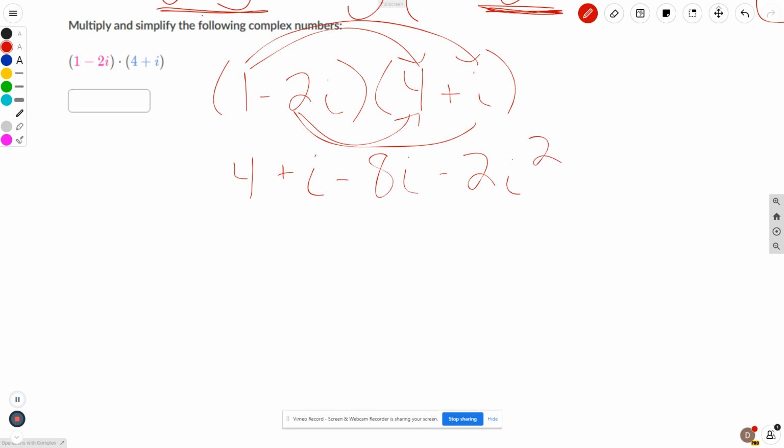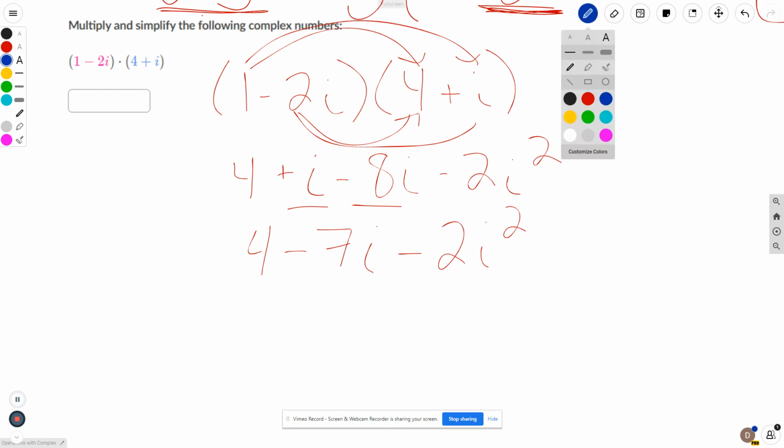Once again, I'm going to combine my like terms, which are the i and the negative 8i. 4 minus 7i minus 2i squared. Remember that i squared equals negative 1. So if we're trying to simplify this, we want to get it into complex format. We need to make sure that we don't have an i squared in it.